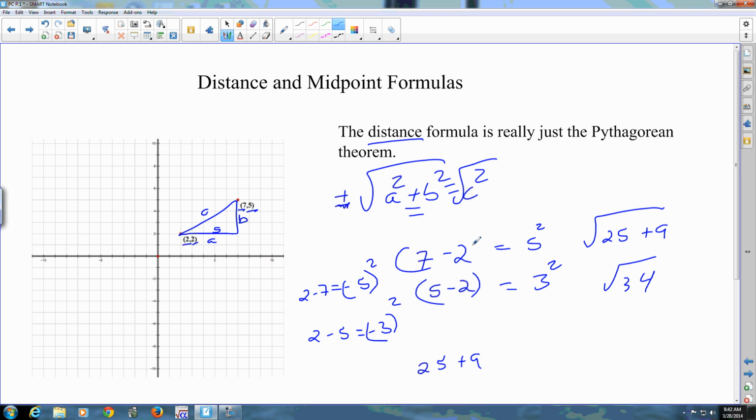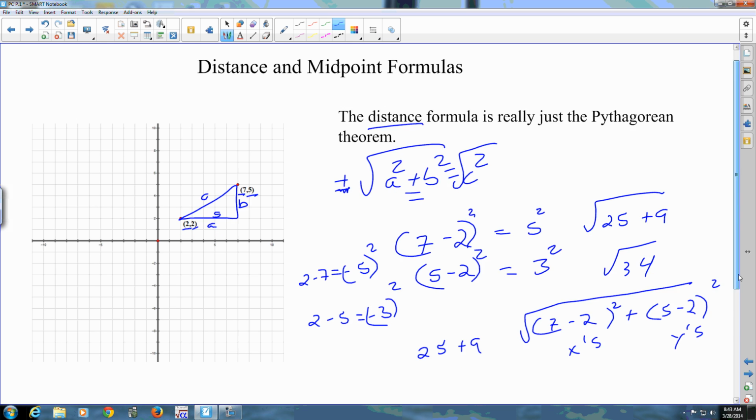So going back to these two things here, and then you added them together, really what we did is you went 7 minus 2 and 5 minus 2, and you squared both of them, so you took the difference of the x's and the difference of the y's is what you did.